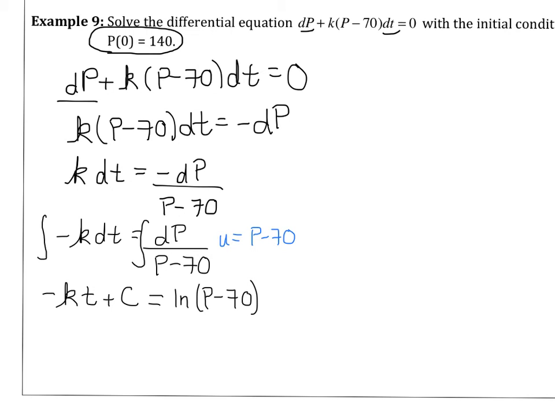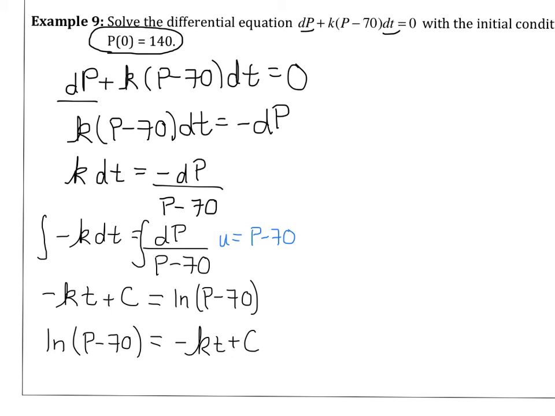Okay, so that's great. I know what the natural log of p minus 70 is, but I want to solve for p. Maybe at this point it's going to be easier for you just visually to move everything around like this. This is how we're used to having things. So let's go ahead and solve for p.